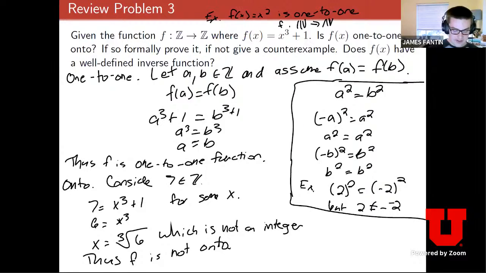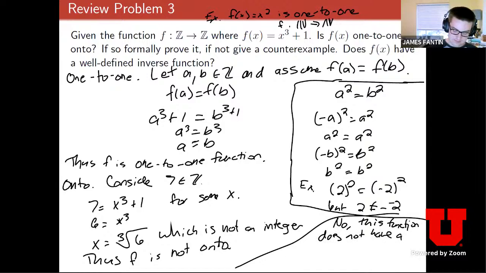So then, does this function have a well-defined inverse? No, this function does not have a well-defined inverse. It is not both one-to-one and onto.